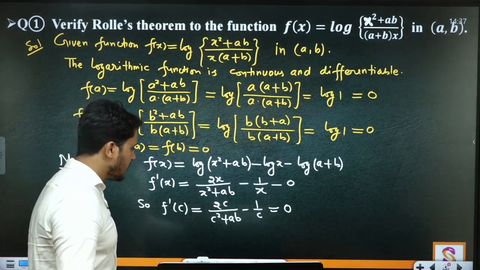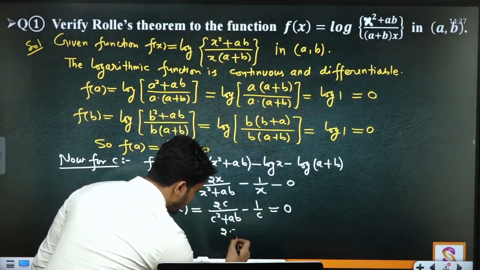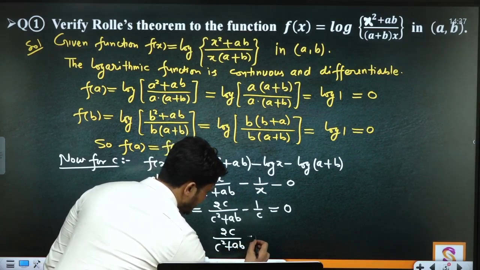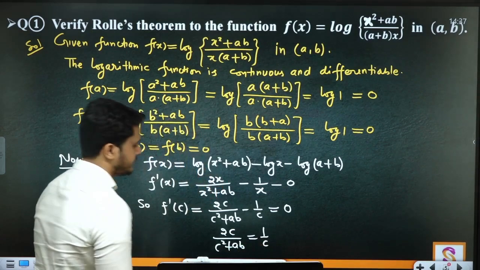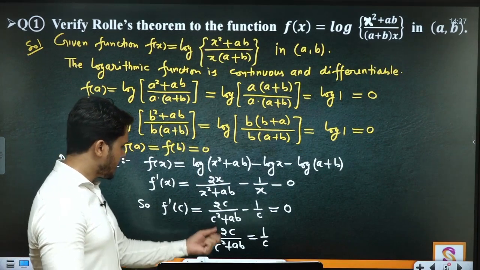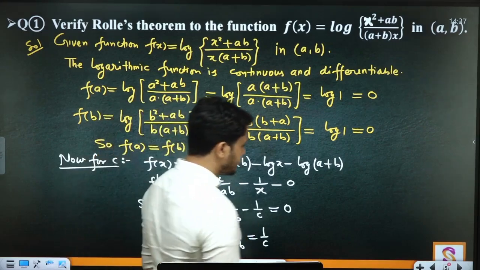If you take the LCM or you may write it like this: 2c upon c square plus ab is equal to 1 upon c. समझ आ रहा है? Cross multiplication.